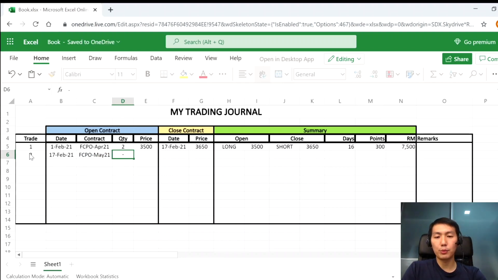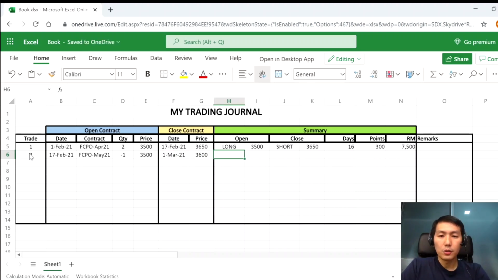So this is where I put a -1 to represent a short position at the price of 3,500. Several days later when I close my contract, let's say on 1st March 2021, I close my contract at the price of 3,600. This is how I will record my entry, as well as the price at which I exited my contract.